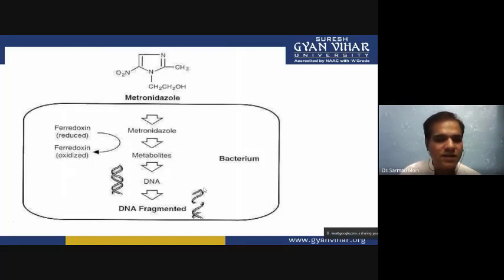So ultimately the cell will die, and so we are able to easily control the infection. Here one mechanism involved is that metronidazole is converting ferredoxin, reducing the ferredoxin from its oxidized form.